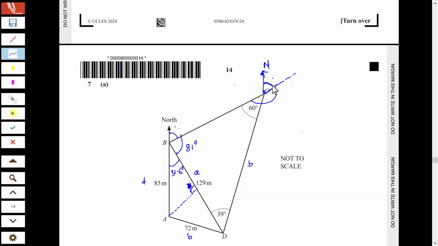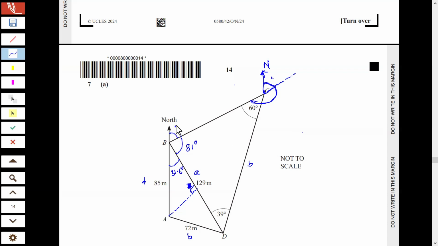This is the bearing of B from C. Now, if we're able to find this angle, then this angle will be corresponding to this angle. So to find this angle, we have to consider the straight line here. Sum of angles on a straight line is 180 degrees.